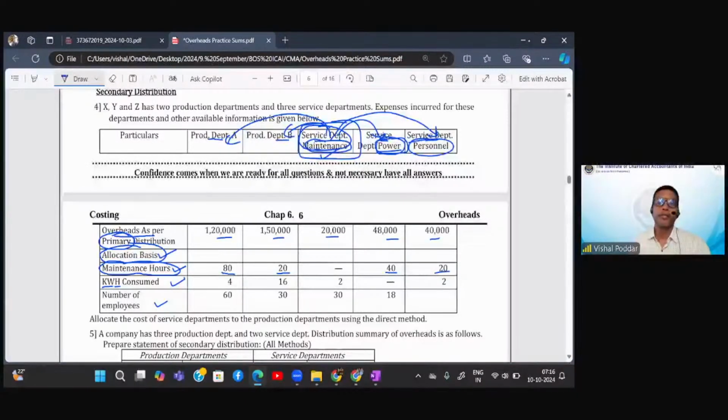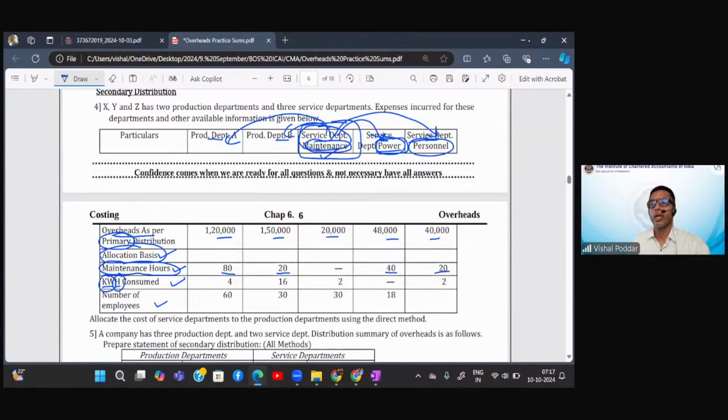Now for power, we have seen that when we were purchasing power from outside, the basis that we were using for distributing the power expenses was machine hours into the machine capacity, which is measured in kilowatts. So we were taking HP, that is horsepower of the machine, measured in kilowatts, multiplied by machine hours. Here they have already given this. So kW is the kilowatt, and H is the machine hours.